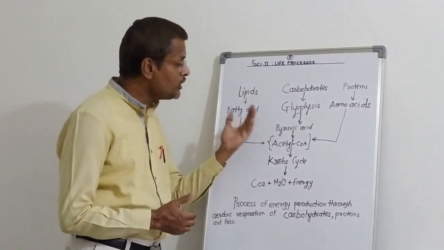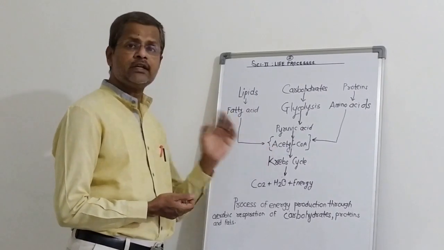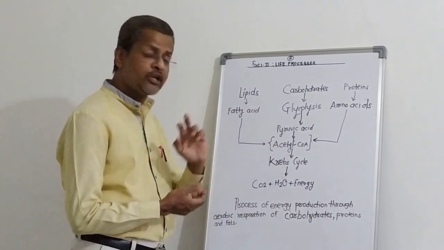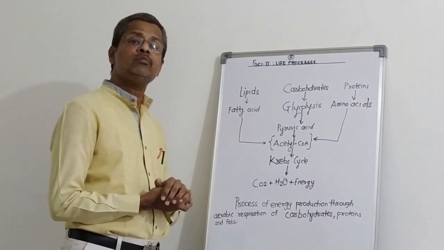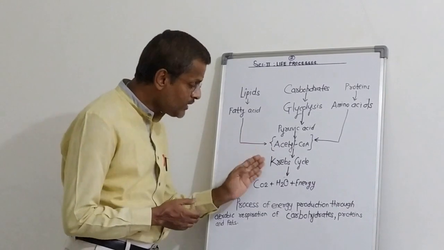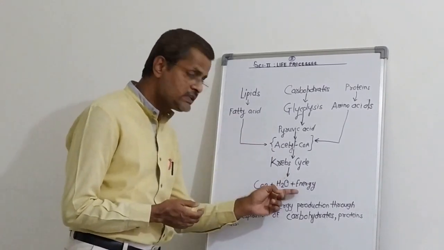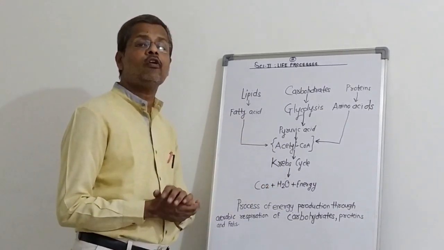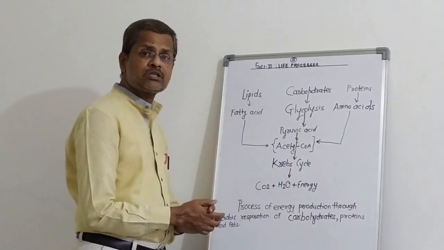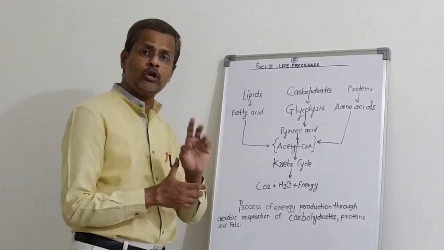Pyruvic acid turns to acetyl coenzyme A, and this acetyl coenzyme A, through the Krebs cycle, releases energy in the form of ATP along with carbon dioxide and water molecules.